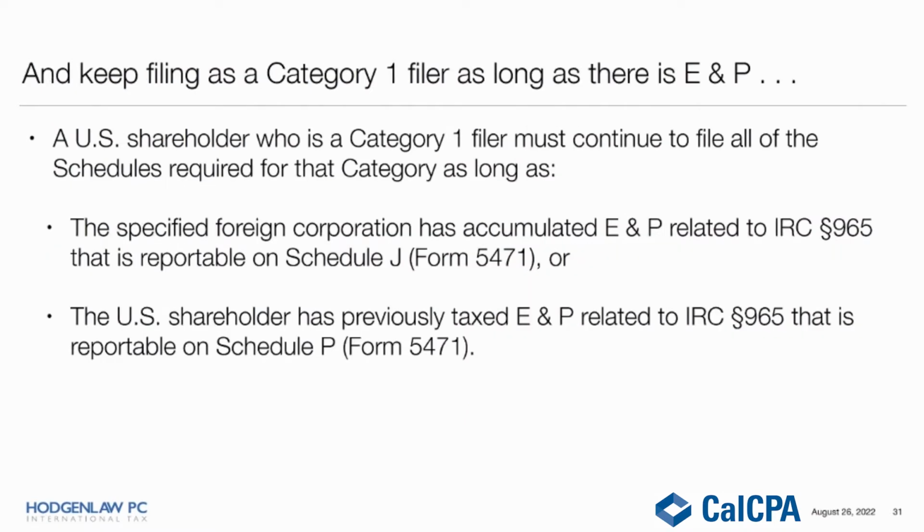And you're going to keep filing as long as you have these E&P items on Schedule J or Schedule P. So your objective in life should be to do whatever is possible so that there is no such E&P on the books of this specified foreign corporation, because then you can stop being a Category 1 filer and you can go on with the rest of your life.